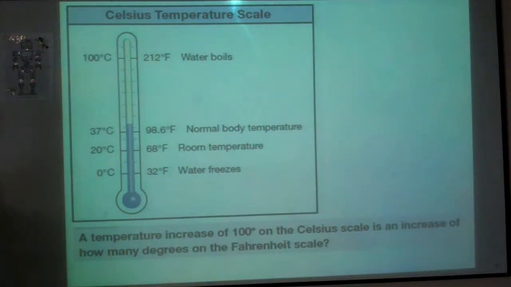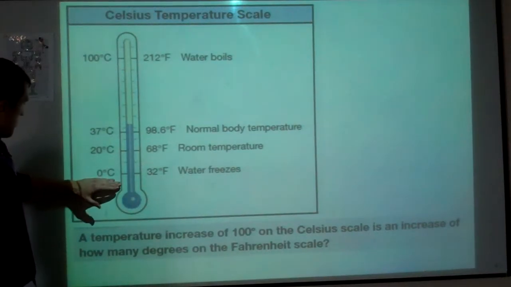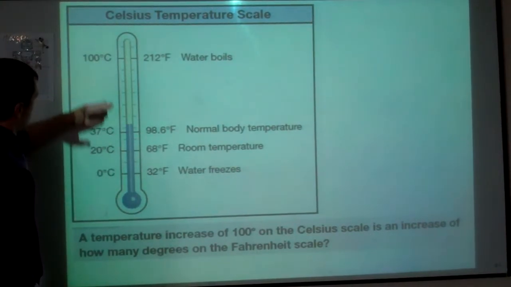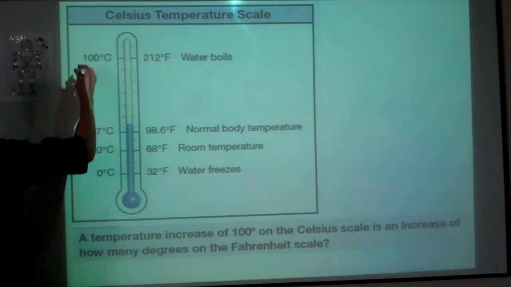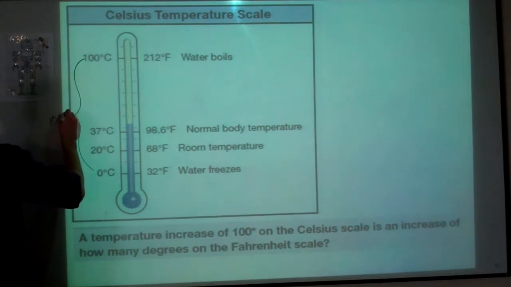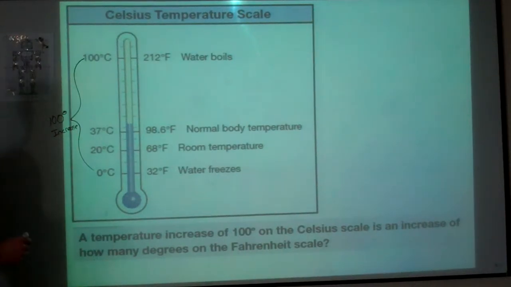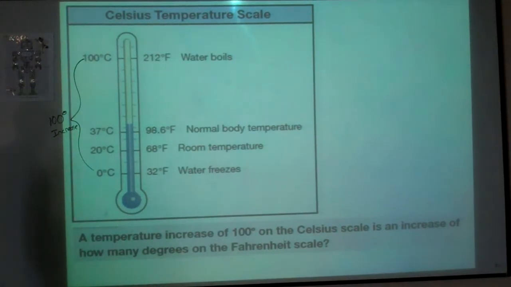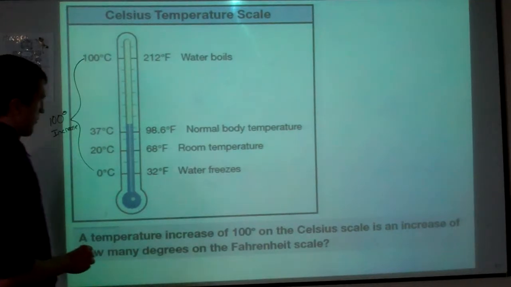Alright, hopefully you can see this one. I think you can. Want to check? Yep, looks good. It says a temperature increase of 100 degrees on the Celsius scale is an increase of how many degrees on the Fahrenheit scale? Okay. Well, a 100 degree increase would be from 0 to 100. So we're looking at this right here. That's a 100 degree increase. Okay, so what increases that on the Fahrenheit scale?